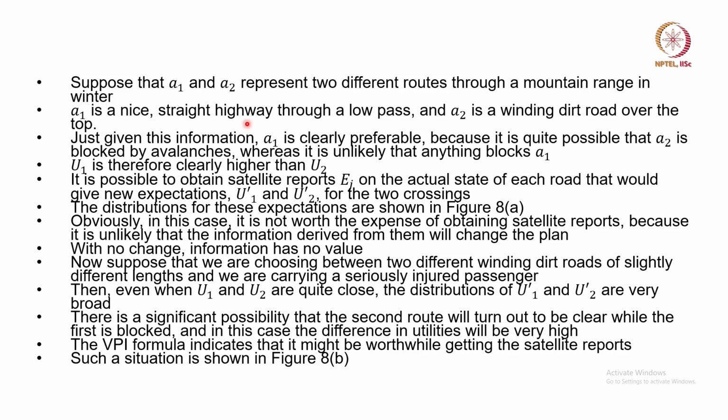So obviously A1 will be preferred over A2 unless it is blocked by avalanches, whereas it is unlikely that anything blocks A1. So U1 is definitely higher than U2. But you can also obtain some satellite reports EJ on the actual state of each of the roads that would give new expectations U1 dash and U2 dash. Now you need to see whether it is worth the expense of getting the satellite report or not.